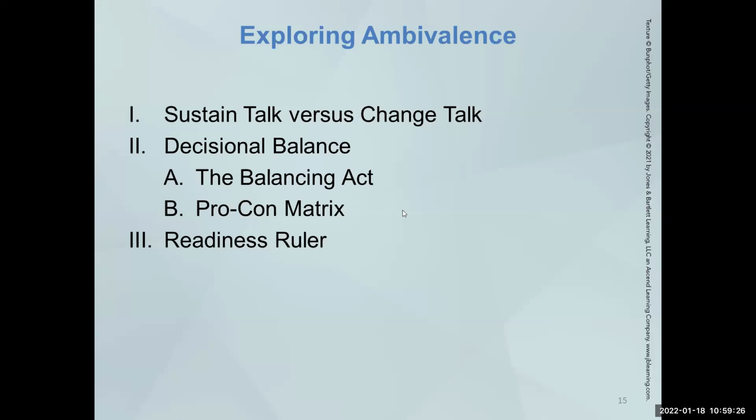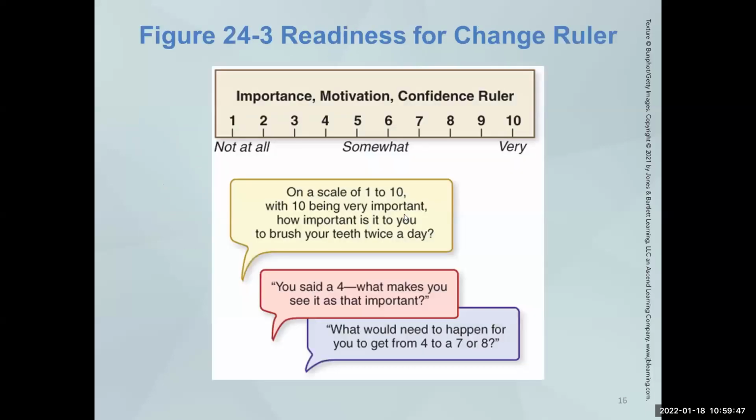And you can see that the pros are going to outweigh the cons or whatever. The list makers. And some people can do this and it's a good visual for them as well. How important is it to make that change? Well, let's make a list. And that's that readiness ruler too.